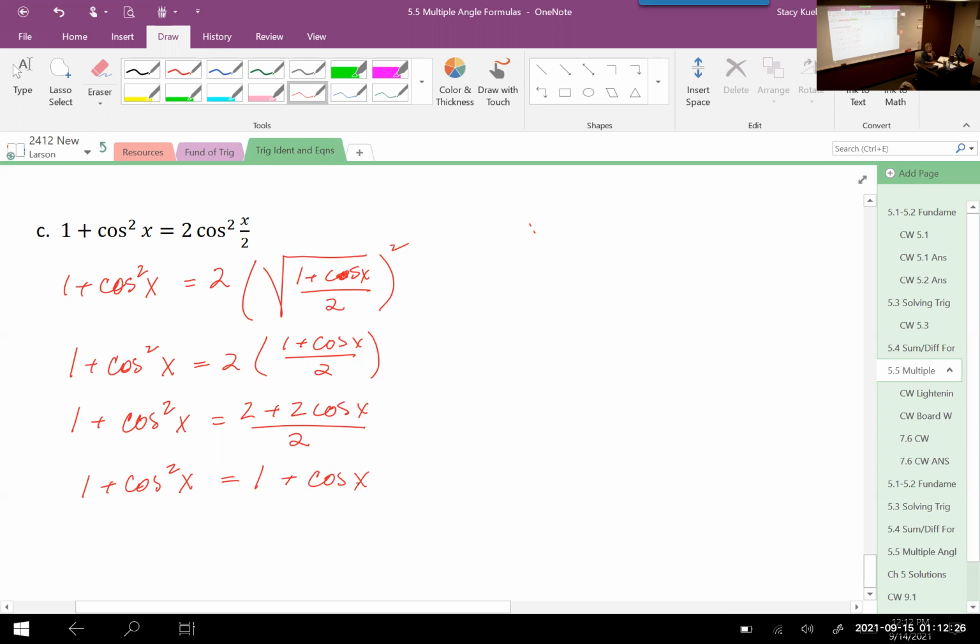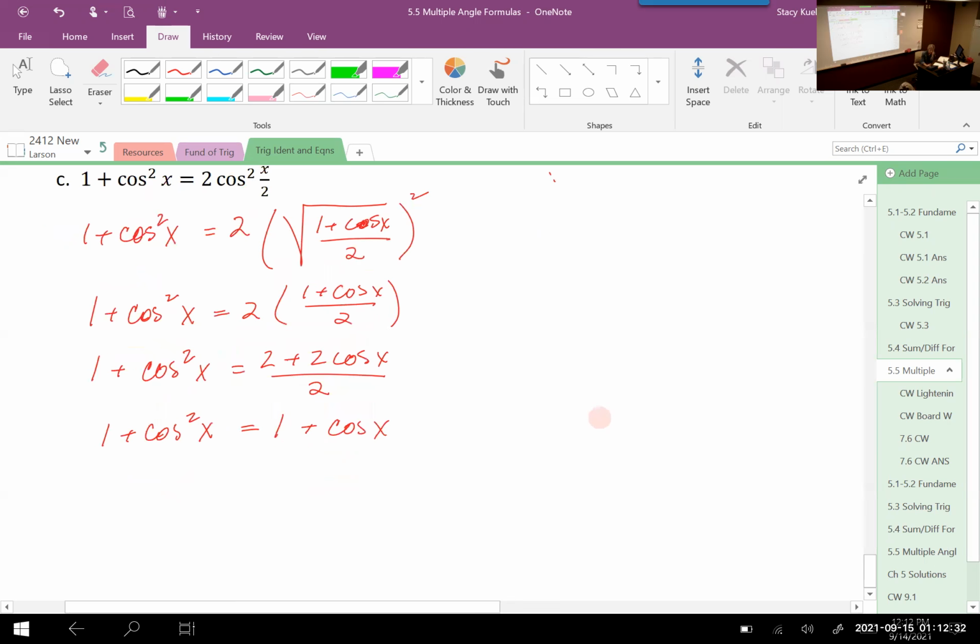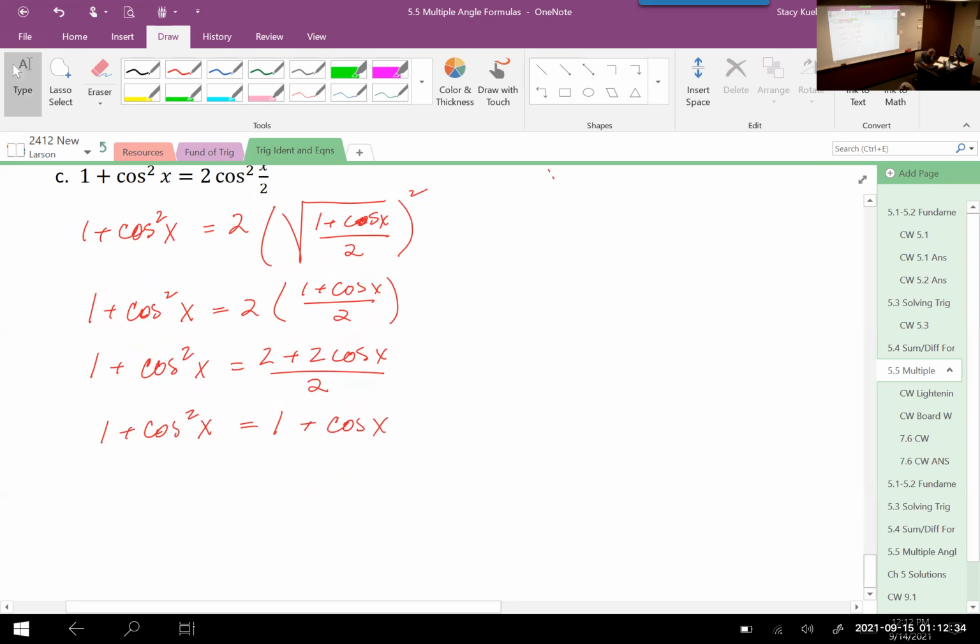So all the functions are now in a single angle that's exactly the same. I have one of them that's squared, I've got one of them that's not. But let's collect the variables to the left. So I'm going to subtract this, and I would have cosine squared x minus cosine x is equal to, if I subtract the numbers to the right, 0.